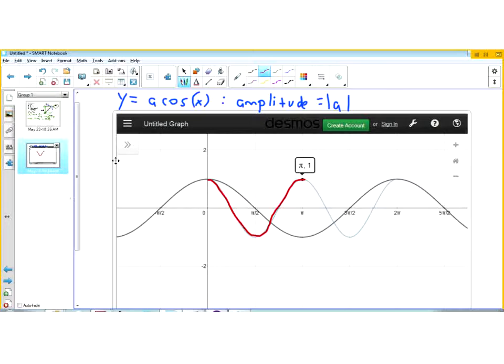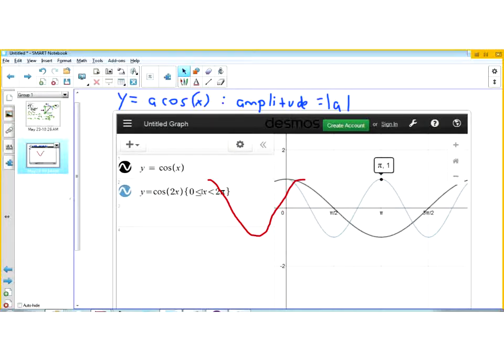So the takeaway here is that when we multiply the argument to the cosine function by a number greater than 1, or at least an integer number greater than 1, the effect has been to compress the curve.